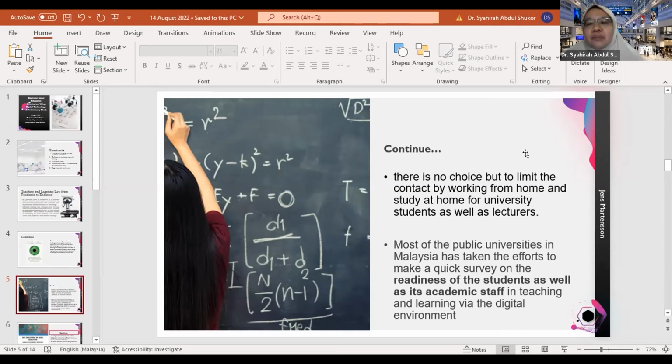And most of the public universities in Malaysia have made efforts to conduct a quick survey on the readiness of the students as well as academic staff in teaching and learning via the digital environment. For social sciences lecturers, I might say from my personal experience, it was not an easy journey to convert everything traditional to a 100% online environment.